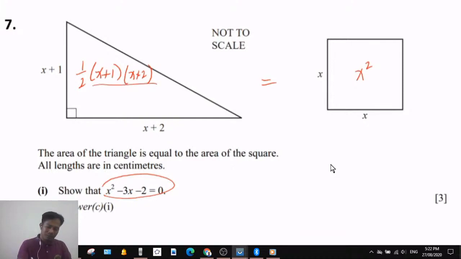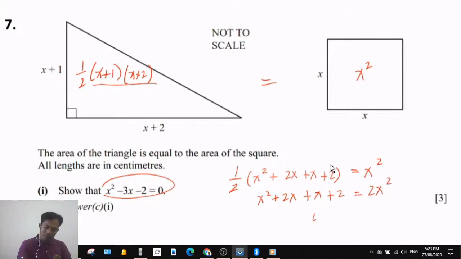I have 1/2 times x squared plus, okay, x times 2 is 2x, 1 times x is x plus 2, then equals x squared. Then I'll multiply both sides by 2. I'll have x squared plus 2x plus x plus 2 is equal to 2x squared.